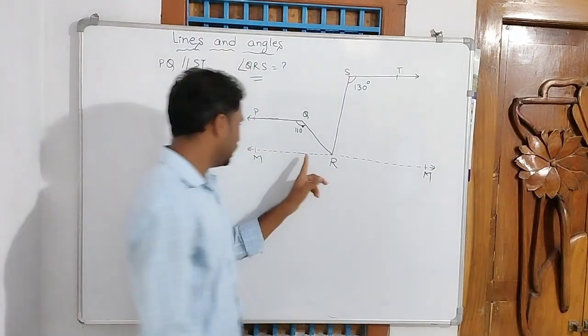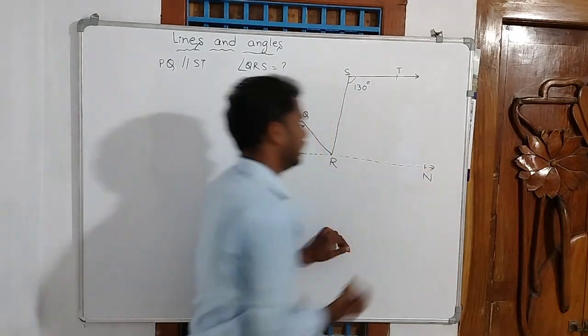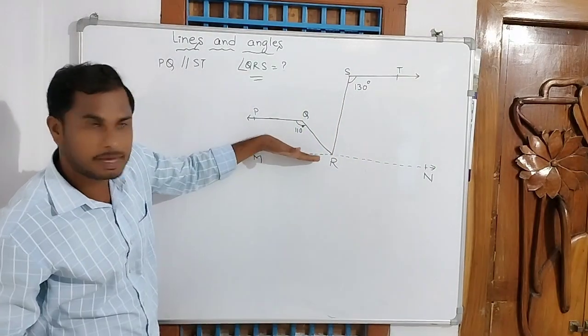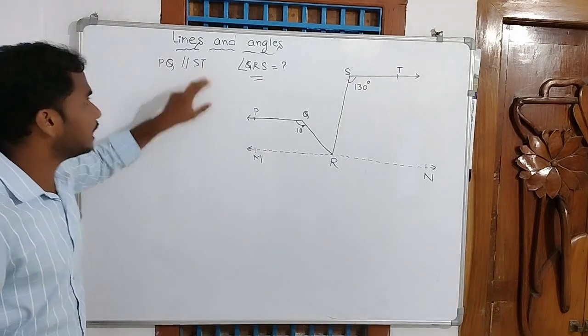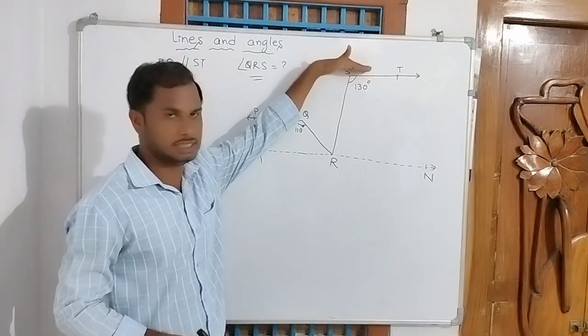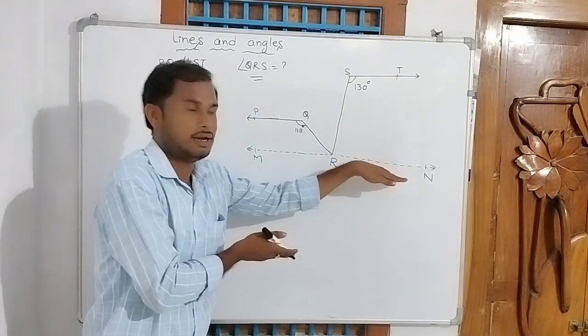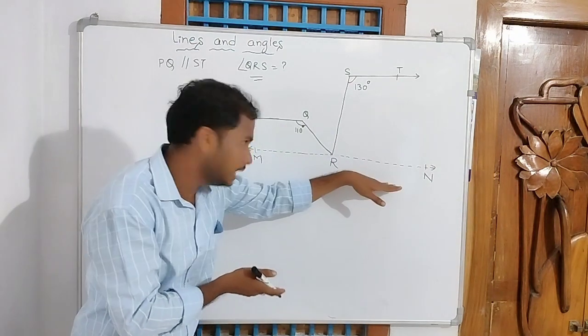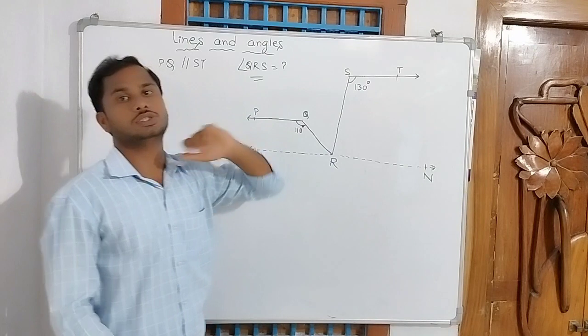This line is parallel to PQ. Already in the sum it is given that PQ is parallel to ST. So this line MN is parallel to PQ and also parallel to ST.